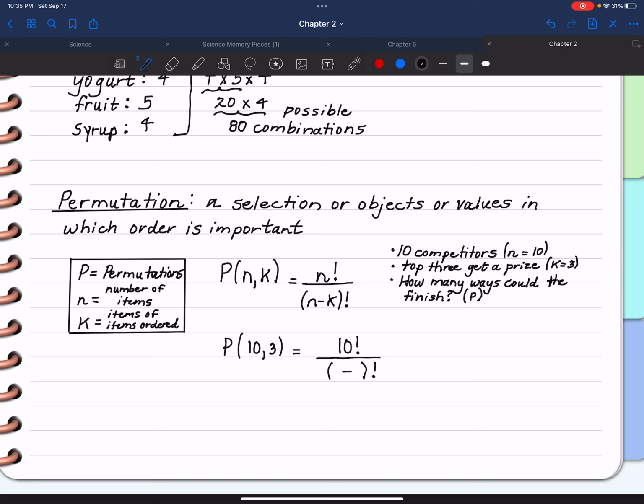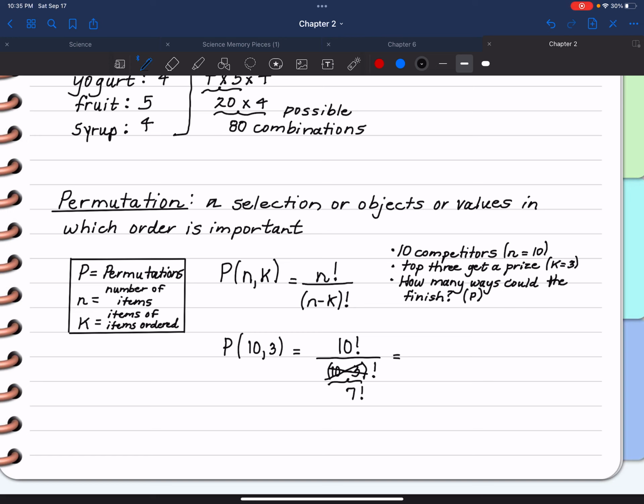Then N minus K goes down there. So 10 minus 3, that's going to be 7 factorial. So this becomes the 7. Put that in your calculator. You could do it longhand. I've done it many times.